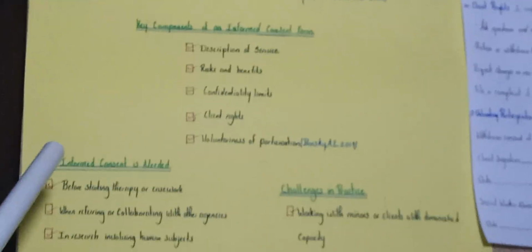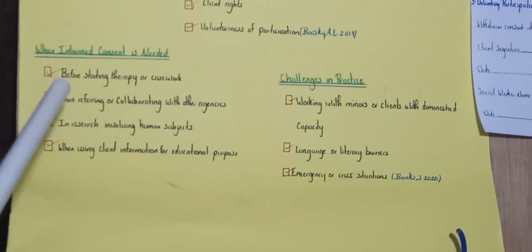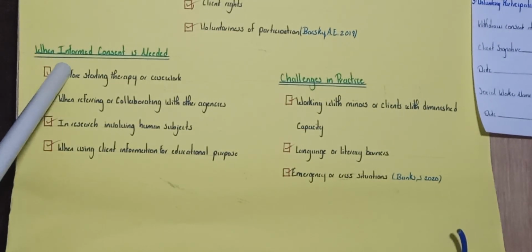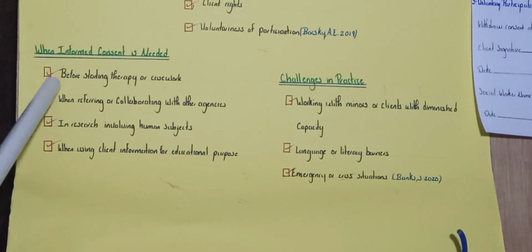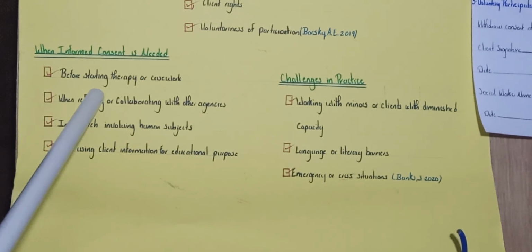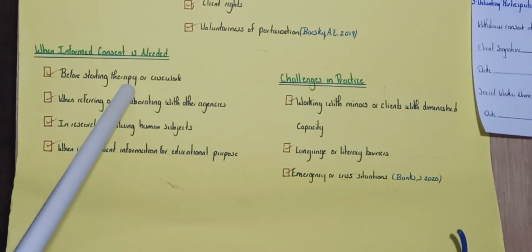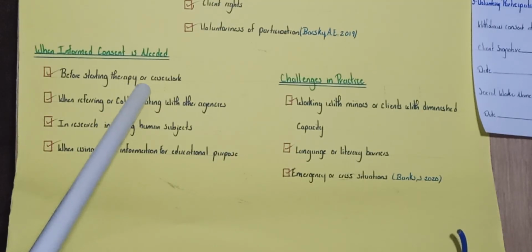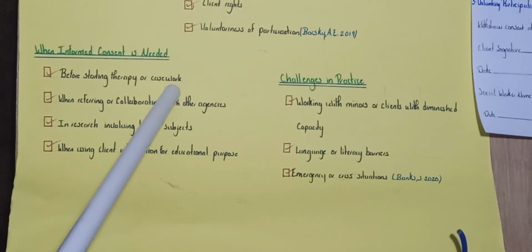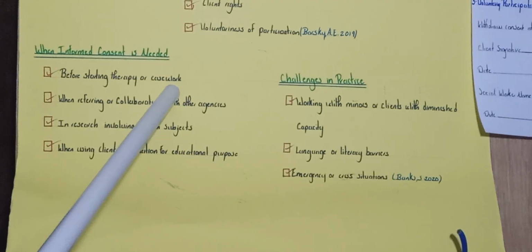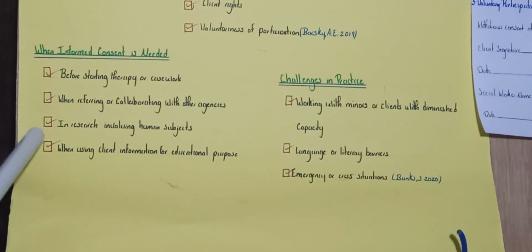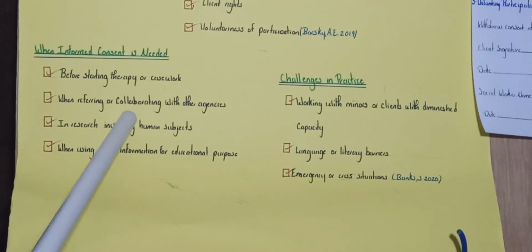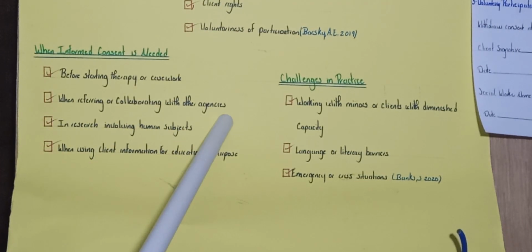The question is, when is informed consent needed? One, before starting therapy or services, or in this case, before the social worker begins doing his or her job with the client. When referring or collaborating with other services or agencies.